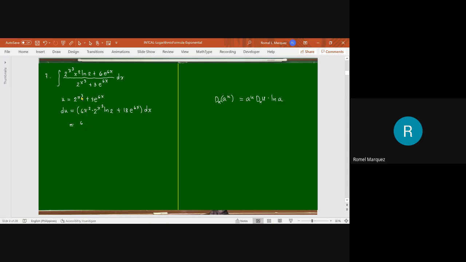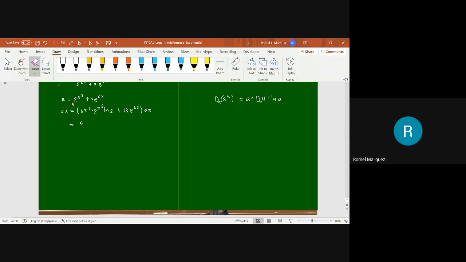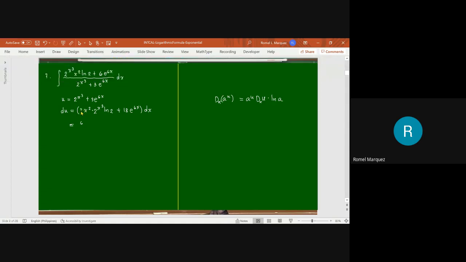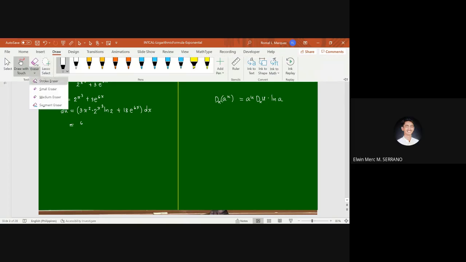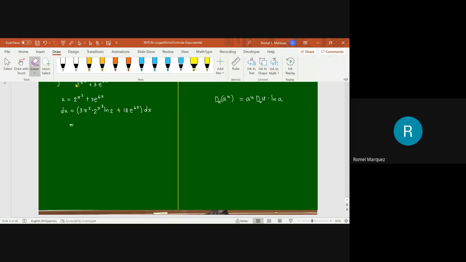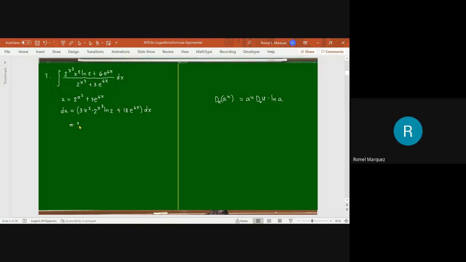By the way, why is this 6? Shouldn't this be just 3? Yes, this is just 3. So the common factor is 3. And then what is left here?